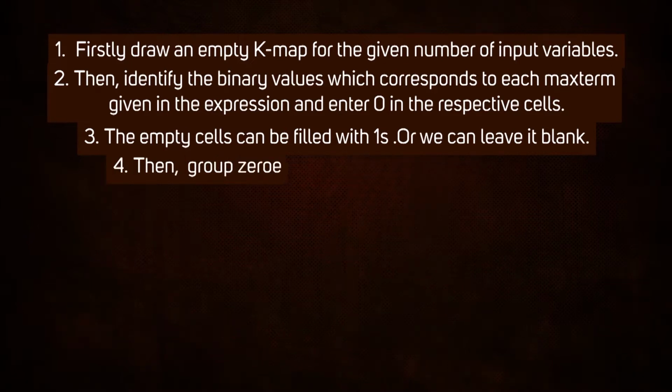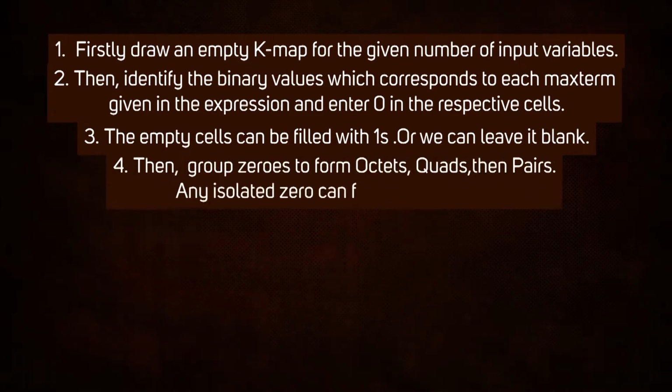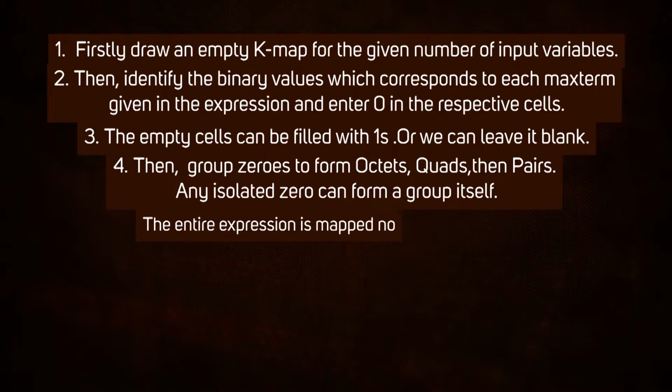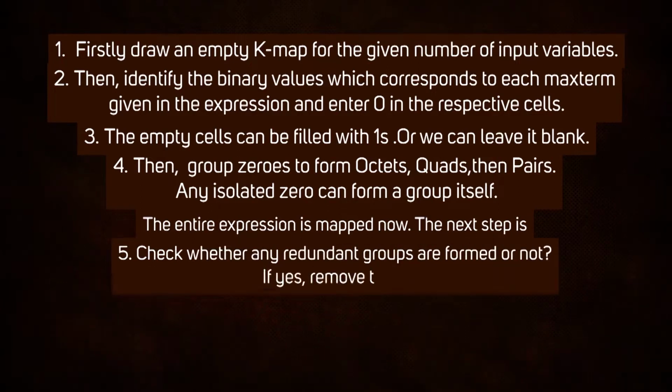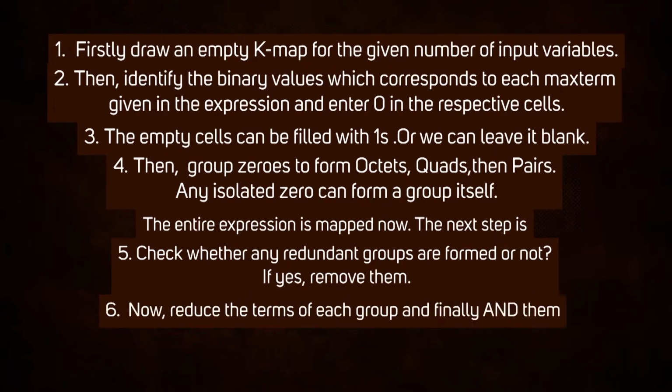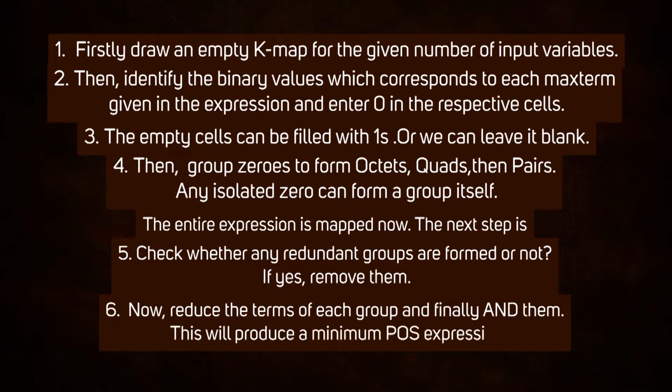Then group zeros to form octets, quads, then pairs. Any isolated 0 can form a group by itself. The entire expression is mapped now. The next step is to check whether any redundant groups are formed or not. If yes, remove them. Now reduce the terms of each group and finally AND them. This will produce a minimum product of sums expression.